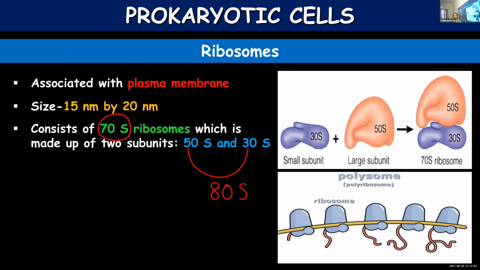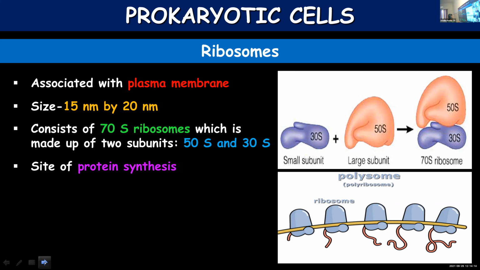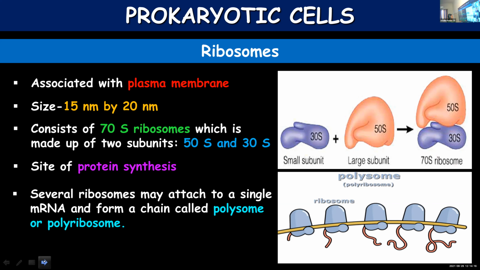Individually, the sedimentation coefficient is 50S for the large subunit and 30S for the small one. But as a single unit, they sediment at 70S. That is why it got the name 70S, even though it has 2 subunits, 50S and 30S. They are the sites of protein synthesis.